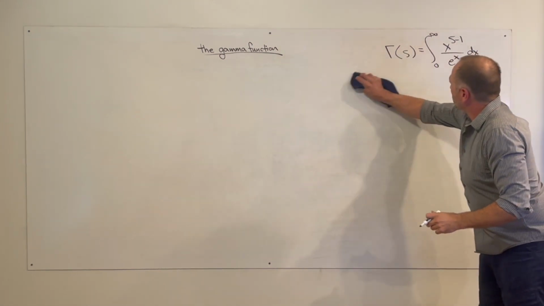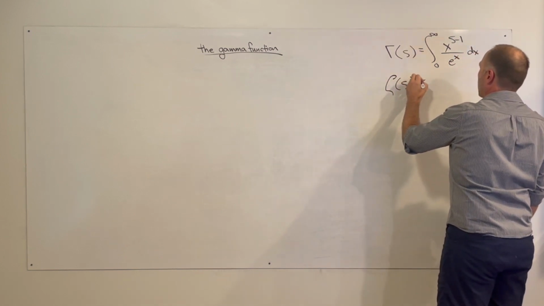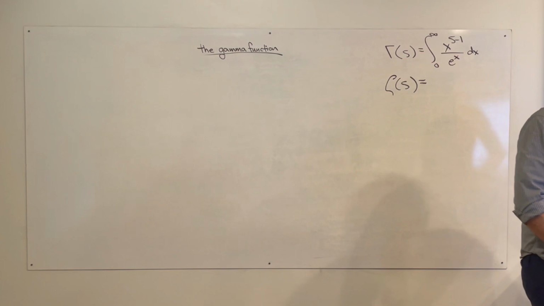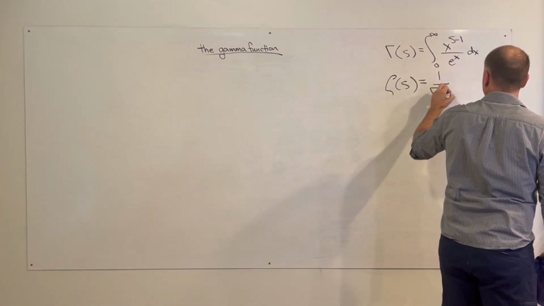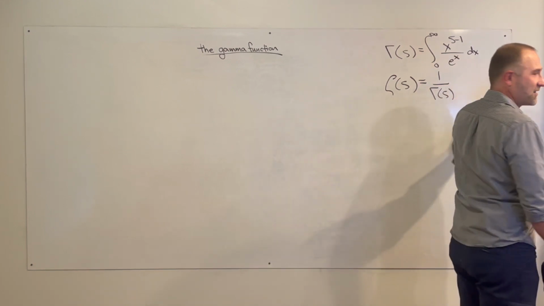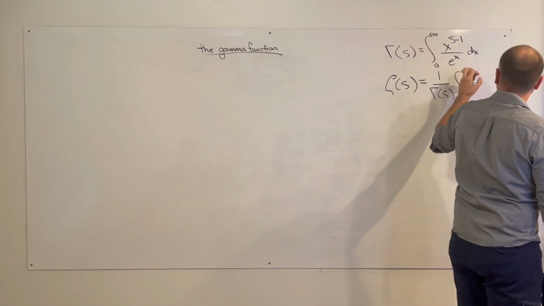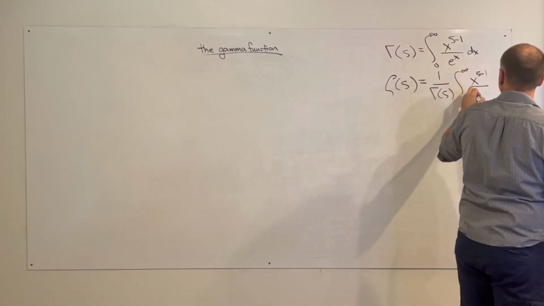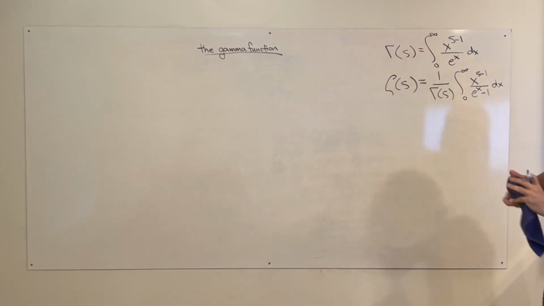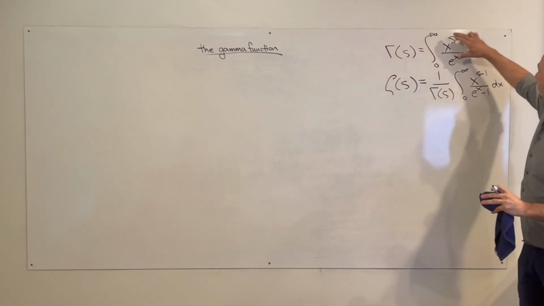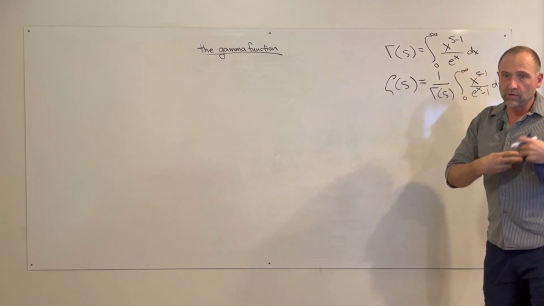Okay, and the super famous zeta function can also be written in terms of the gamma function: 1 over gamma s times the integral 0 to infinity x to the s minus 1 over e to the x minus 1. Other than this minus 1, this would be 1 over the gamma function times the gamma function, which equals 1.